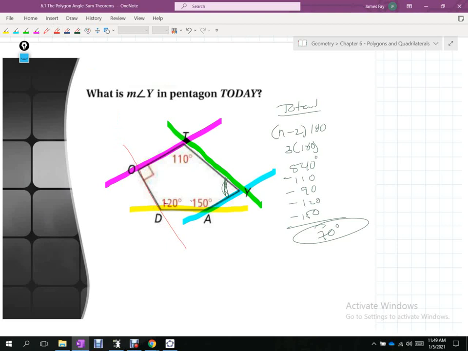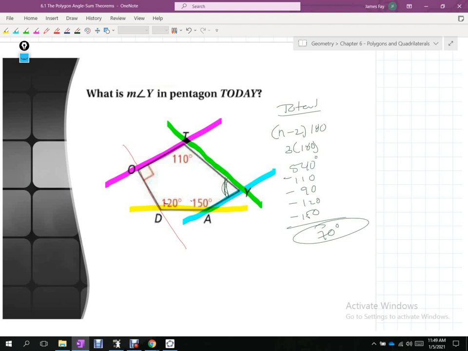And we want convex polygons for this course, okay? Those are the ones that we're going to investigate the most, for the mere fact that there's a lot of nice relationships that we can recognize and deal with in convex polygons.